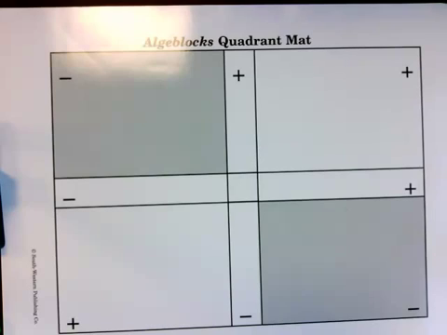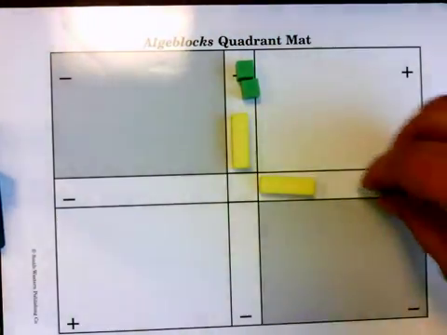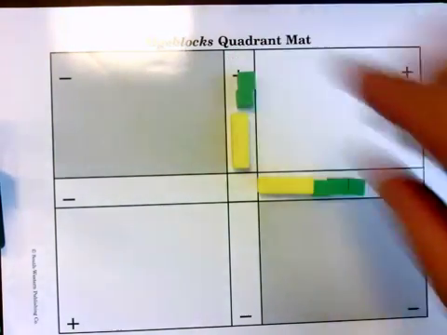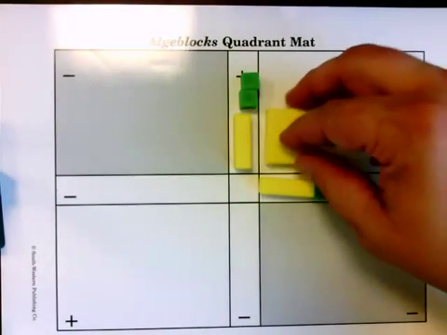Alright, as a quick review, we're going to look at how we can use this to do some multiplication. We're going to start off with a fairly simple problem. X plus 2 times x plus 3. The idea is to make rectangles and fill in the pieces.